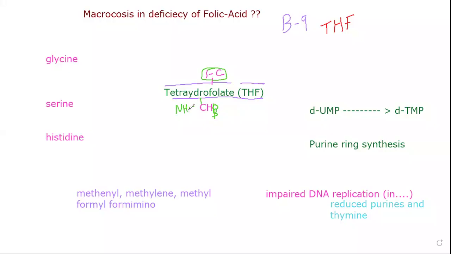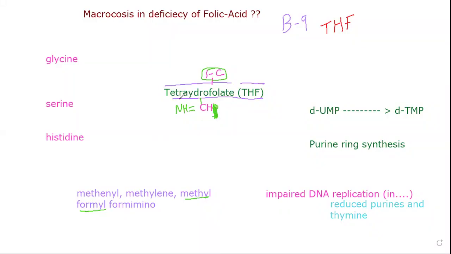So one carbon units in various redox states, with the most reduced form being methyl and the most oxidized formyl. So these various one carbon units can be attached to tetrahydrofolate, which in turn transfers these one carbon units in the various biosynthetic reactions of significance.